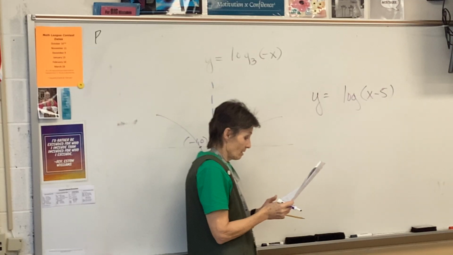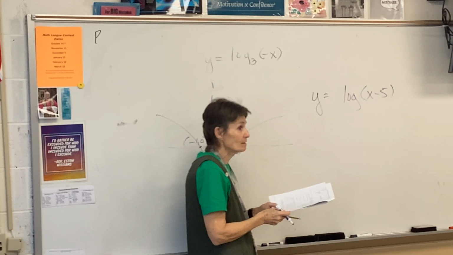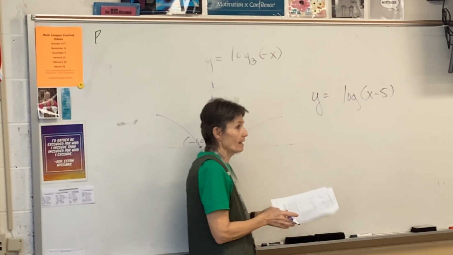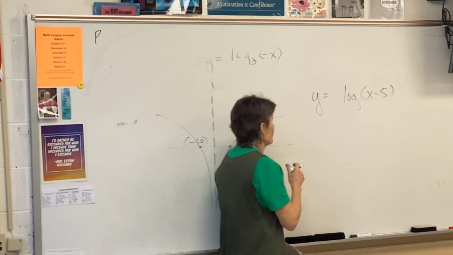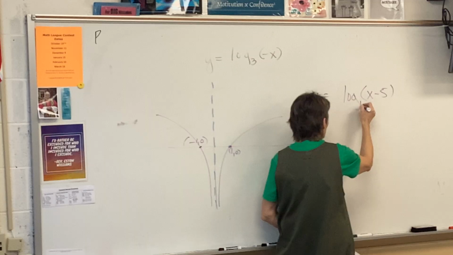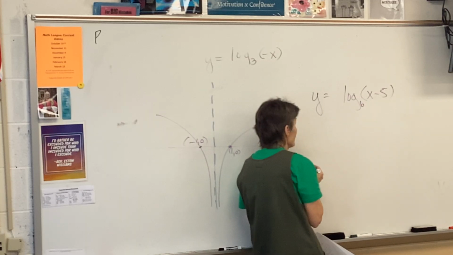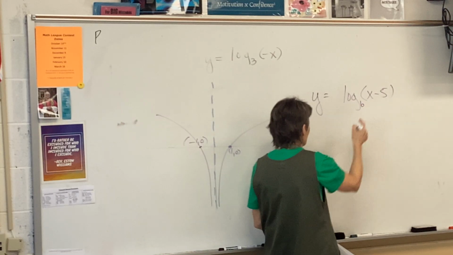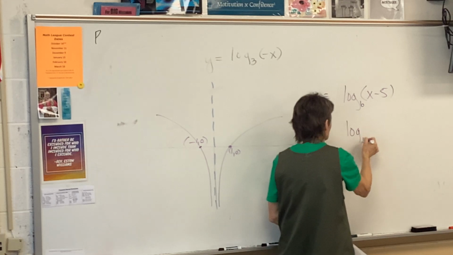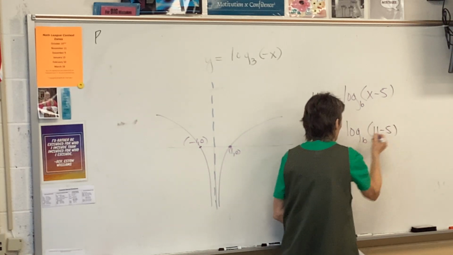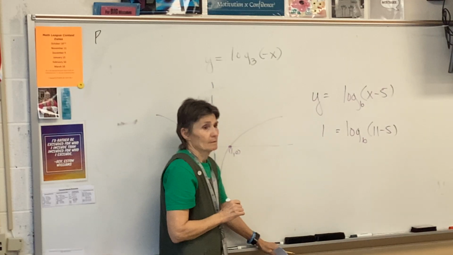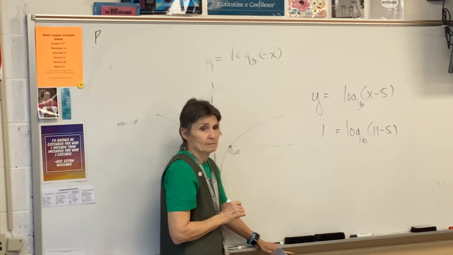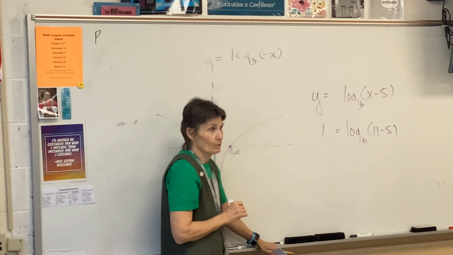Now, we have to contain the point 11, 1. So in other words, I don't know what my base is, but if I put in an 11 for x, I have to get 1. Agreed?